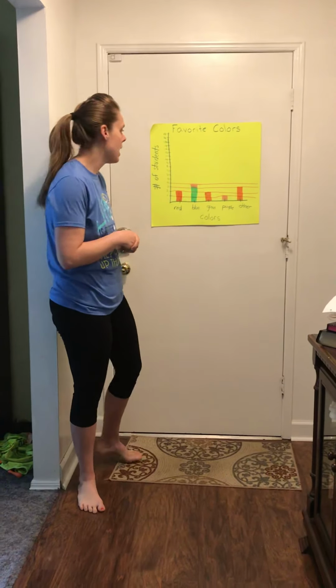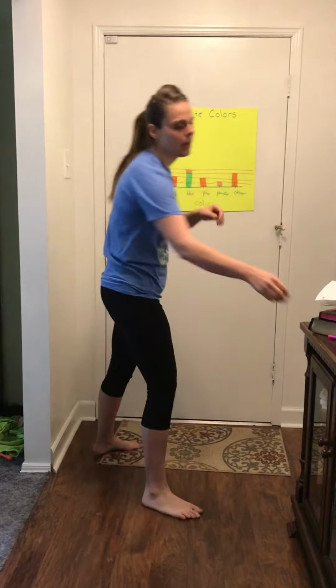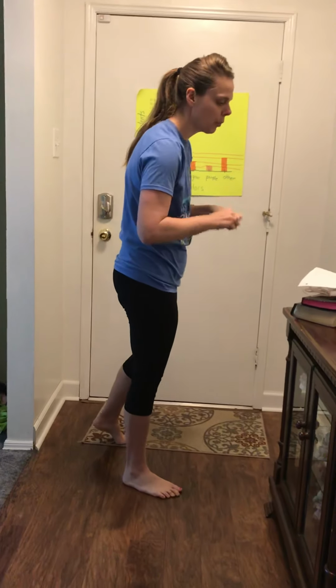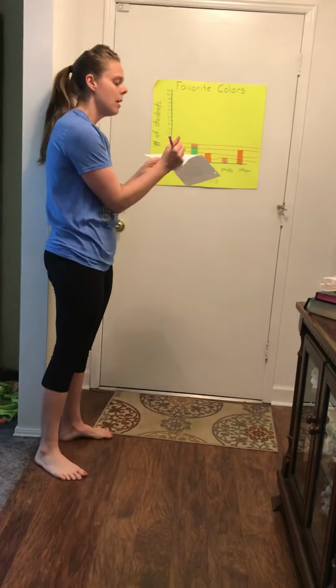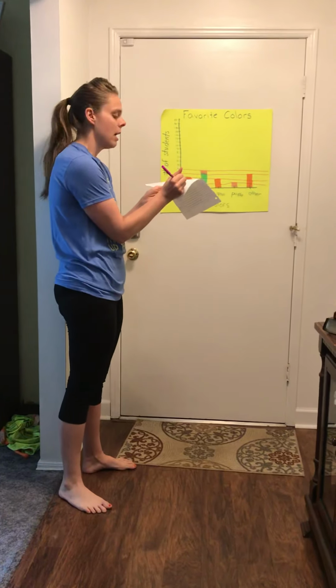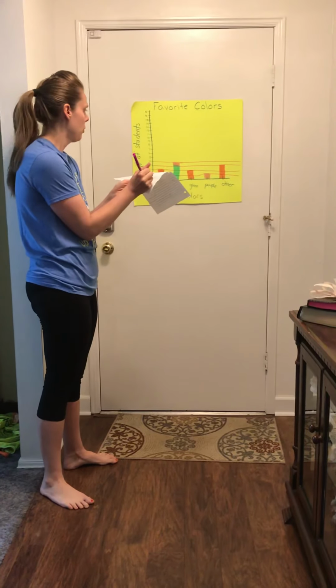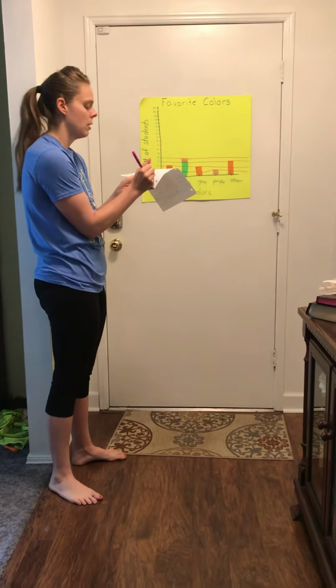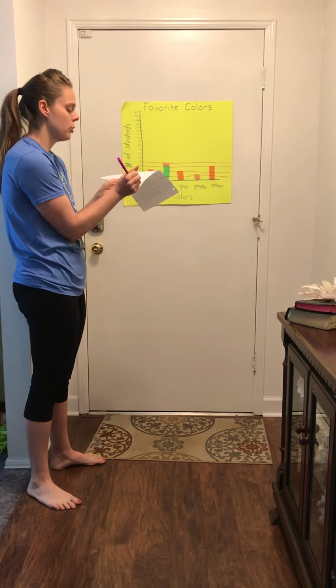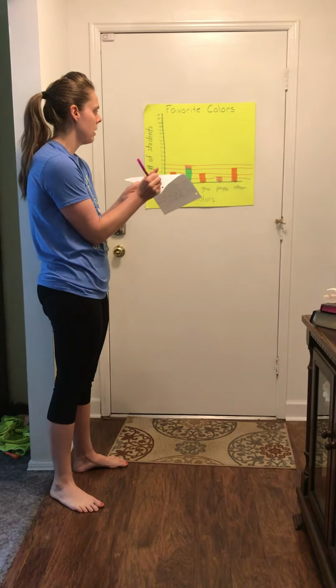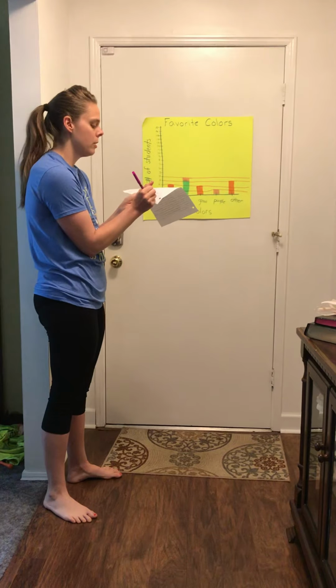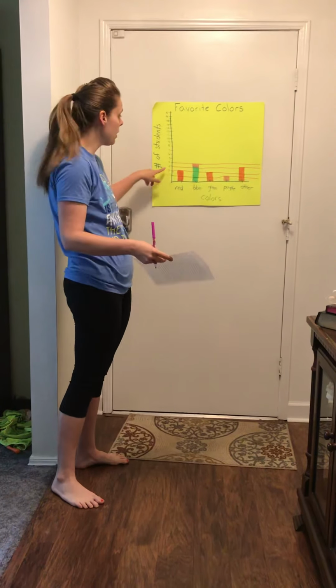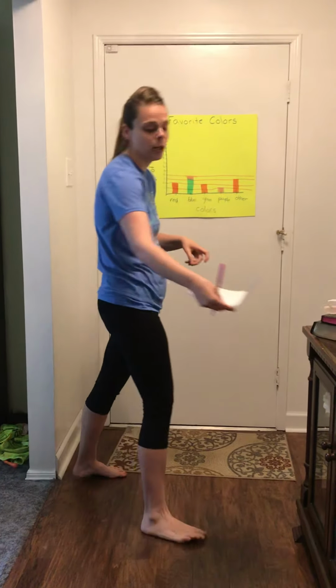We can also take this same data, and I'm going to jot it down real fast so I remember that red has 2, blue has 4, green has 2, purple has 1, and then other was 3. And I can see that really fast because I can see how many lines it goes up.